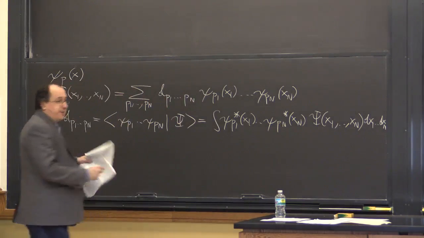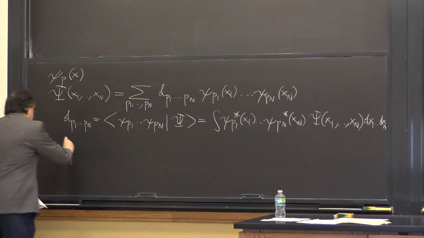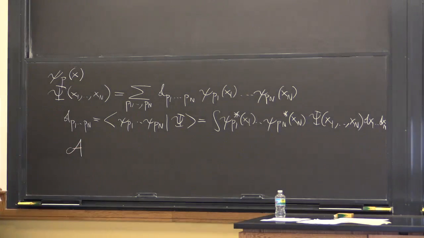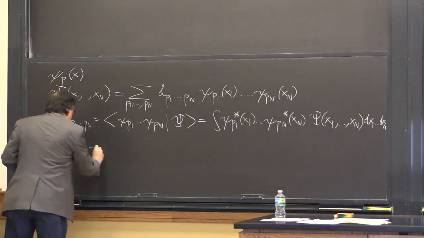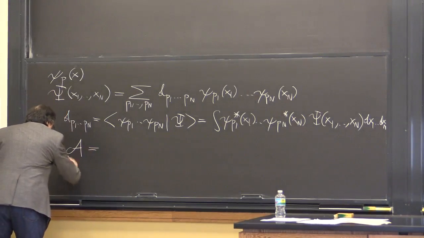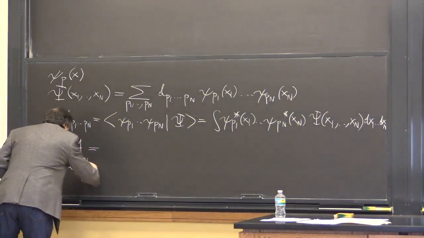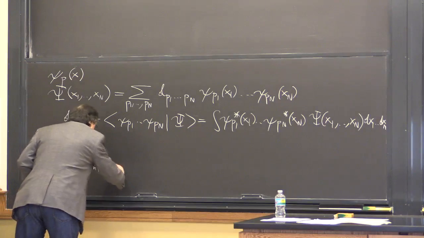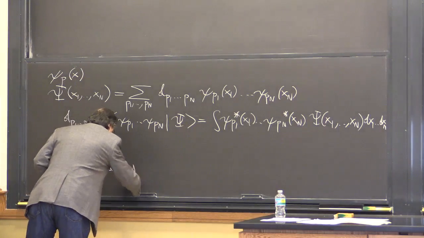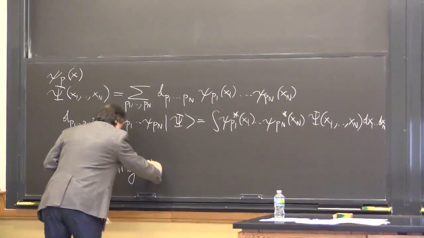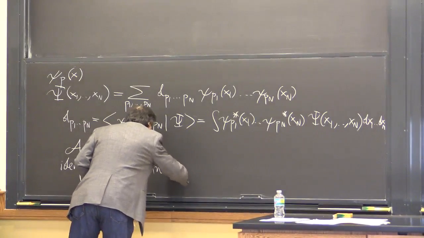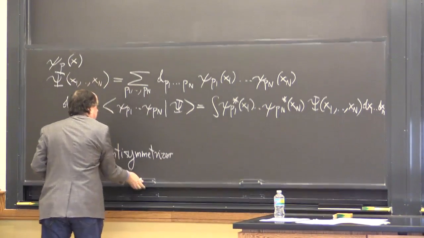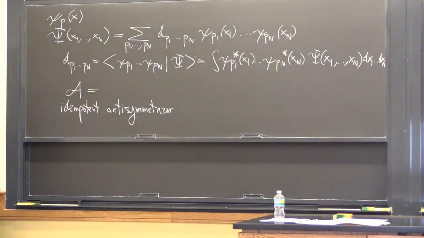And in order to do this, I will introduce an operator, which I will write with this script A, which is an idempotent anti-symmetrizer. I will move this up in a second. Okay? Let's do this. All right? How do I define it?